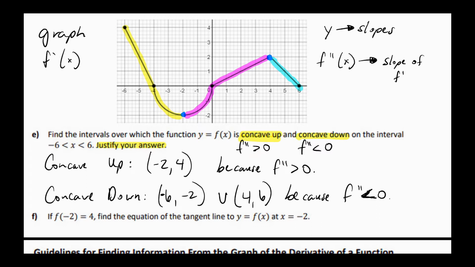Okay, so there are levels, right? The original is at the top. Then you have the first derivative. Then you have the second derivative. So most of the time they'll start you in the middle. They'll start you in the derivative, and they'll ask you questions about the original and about the second derivative. So you got to go up, you got to go down. Once in a blue moon, they'll give you the original and ask you questions about the derivative and the second derivative.